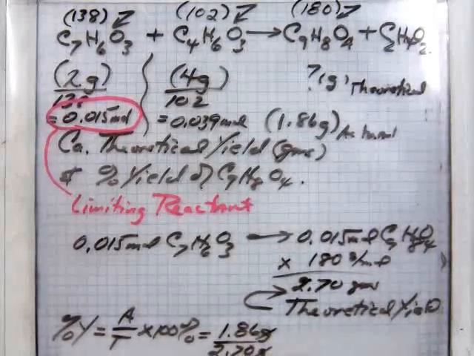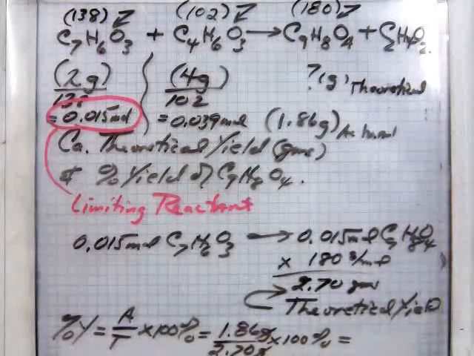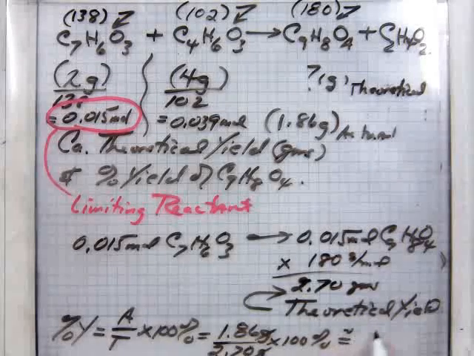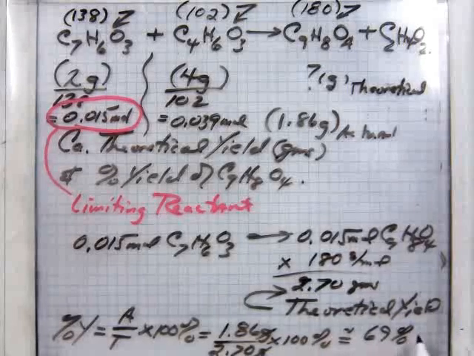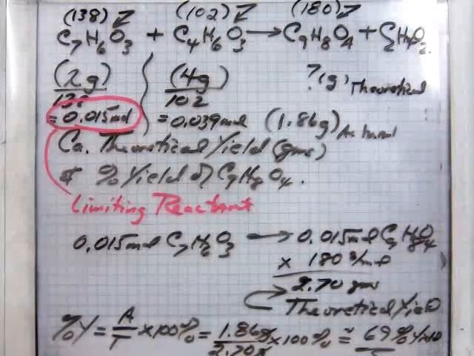Grams will, of course, drop out, times 100%, and 68, 69% yield based on the data given.